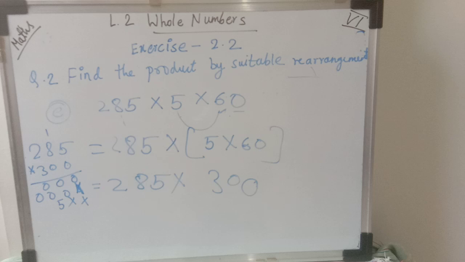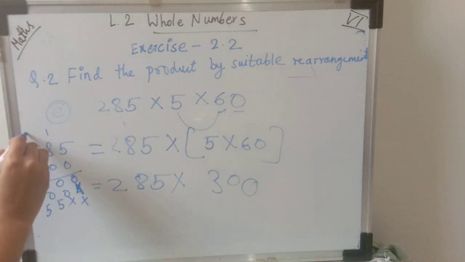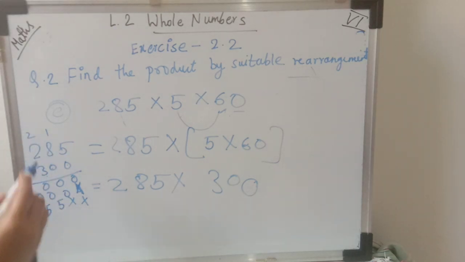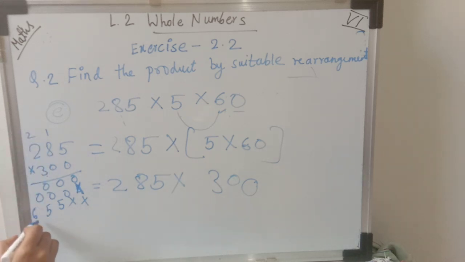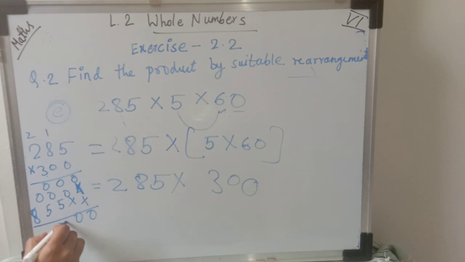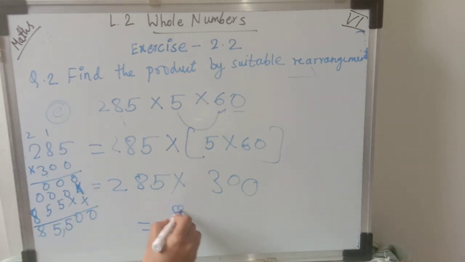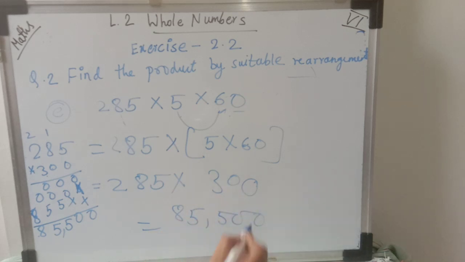So here I will carry 1. 3 8s are 24, 24 plus 1, 25, so 25, write 2. 3 2s are 6, 6 plus 2, 8, so 8. So we got the answer here 0 0 5 5 8, that is 85,500. See students, for your understanding I have done the vertical multiplication here.